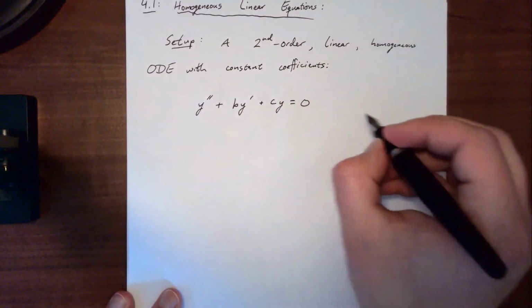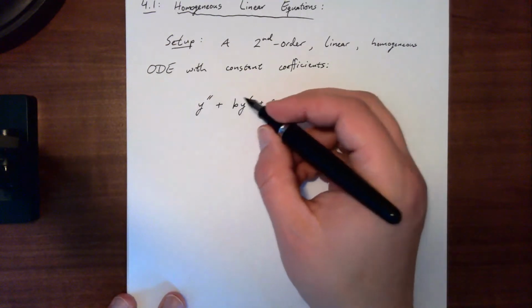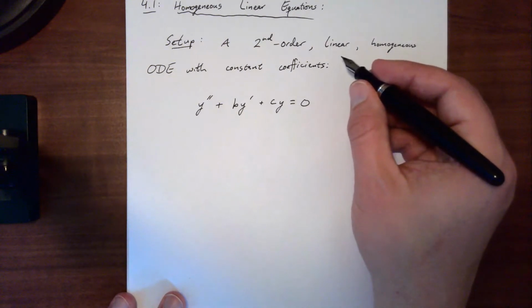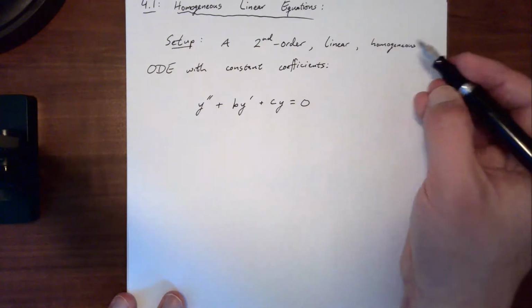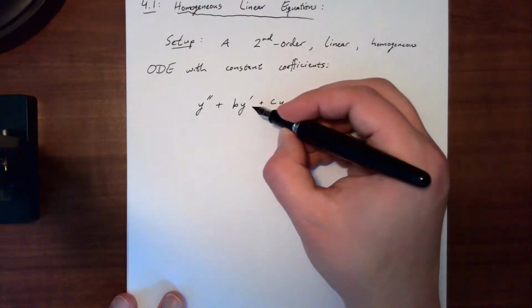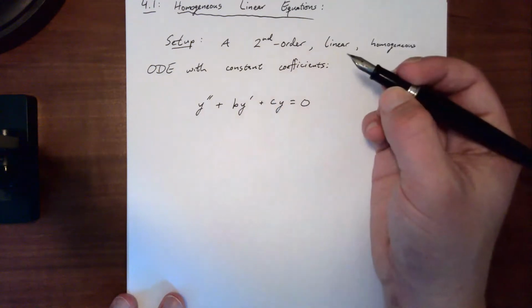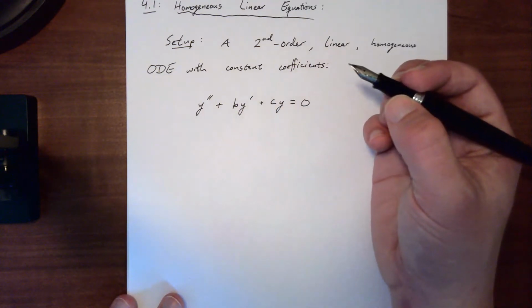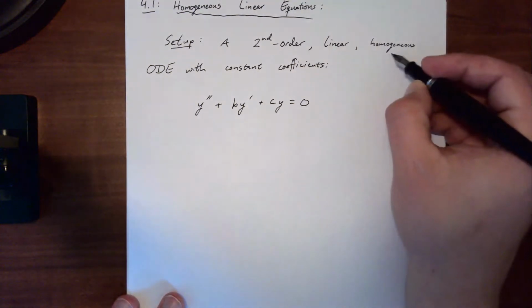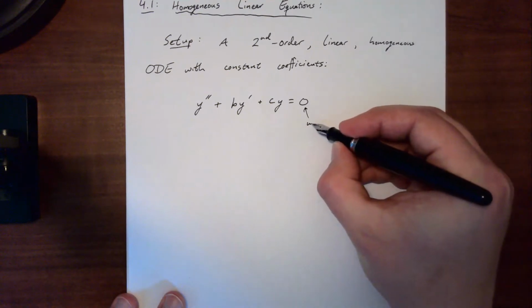So what makes this second order hopefully is clear. It is degree 2 as far as derivatives go. What makes this linear, hopefully you can suss out by the fact that in terms of the y's, we only have y and its derivatives, nothing like a y squared or a square root of y or anything like that. Now for the homogeneous, that's what the 0 gives us.